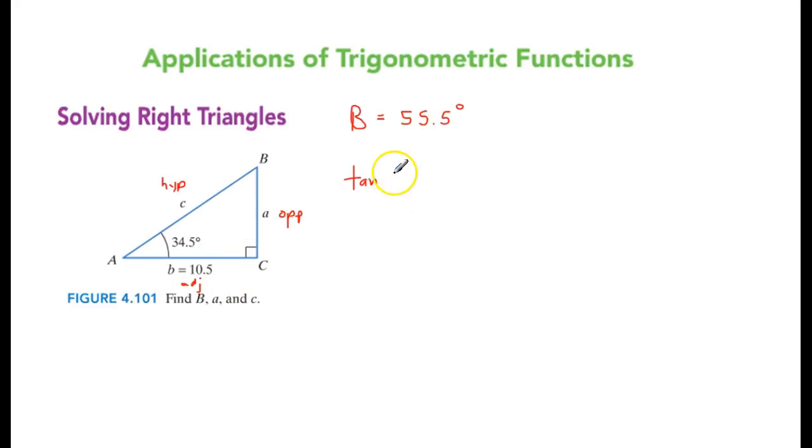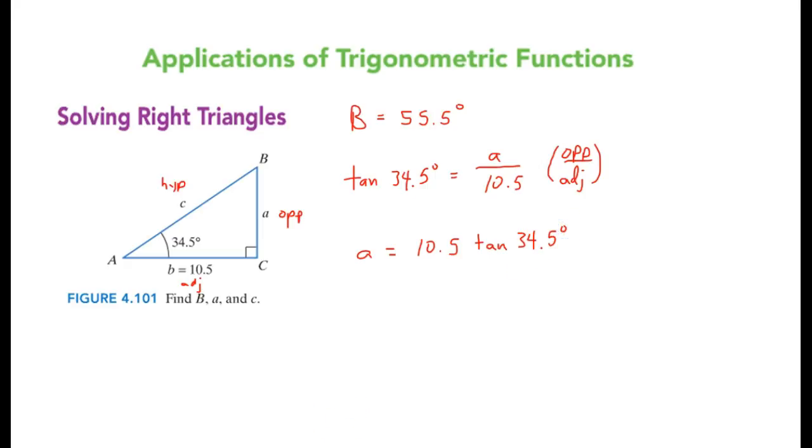The tangent of 34.5 degrees is equal to opposite over adjacent, so A over 10.5. Alright, and again that's opposite over adjacent. So that means that A, I just multiply both sides by 10.5, A is 10.5 times the tangent of 34.5 degrees. That's what it is exactly.